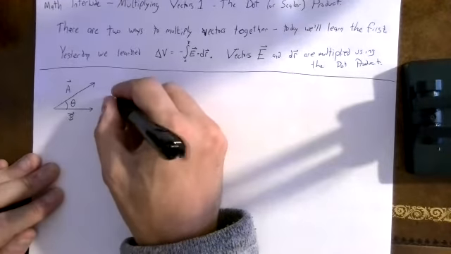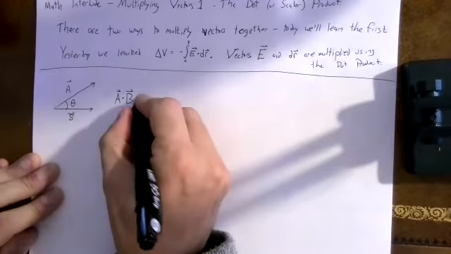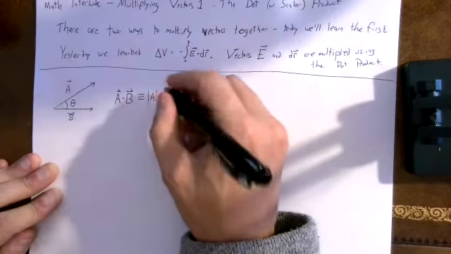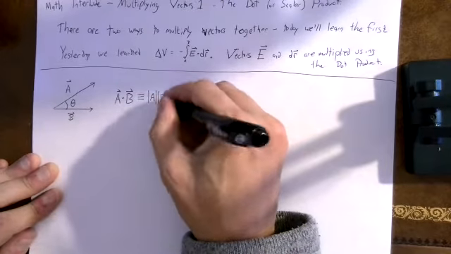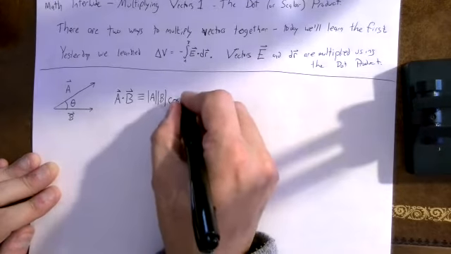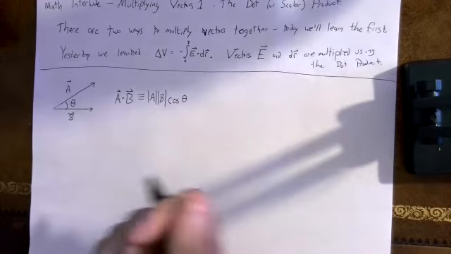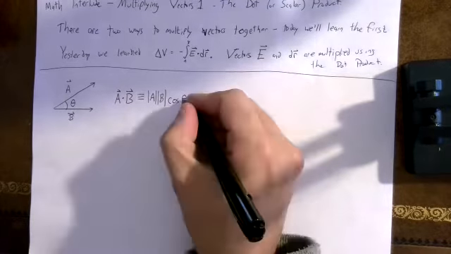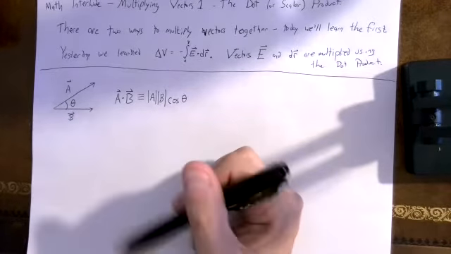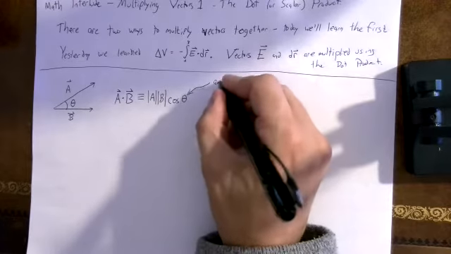The definition of a dot product, when we multiply these two together, A dot B, is we multiply together their magnitudes, so the magnitude of A and the magnitude of B. And then we also multiply the cosine of the angle that's between them. When we're doing these dot products, we have to remember that this angle isn't what we usually think of as the angle associated with a vector, the angle the vector makes with the positive x-axis. In this case, it's just the angle between the two vectors A and B.